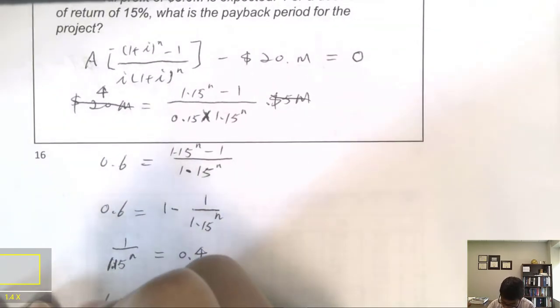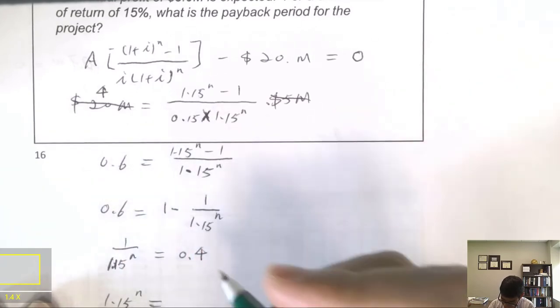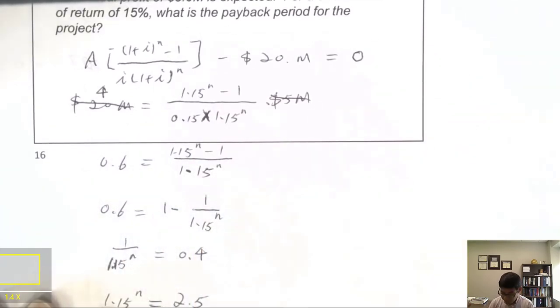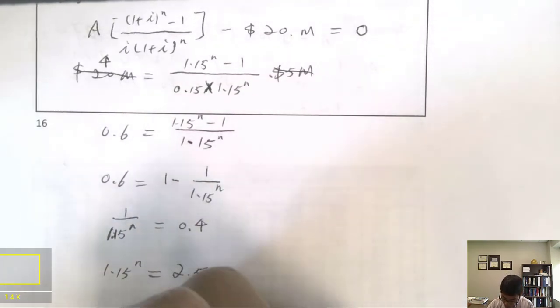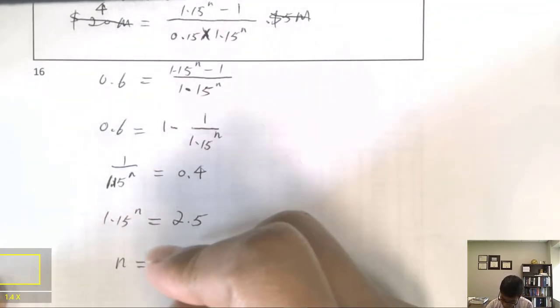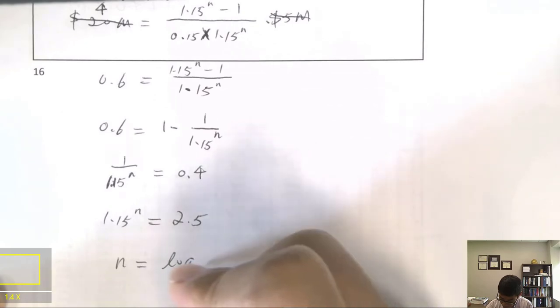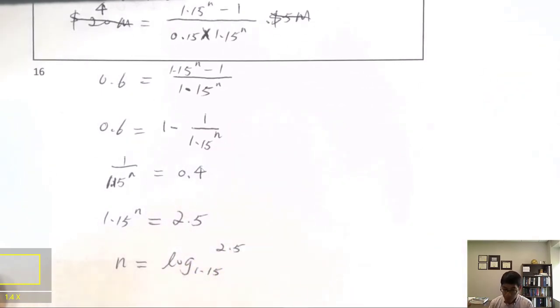And 1.15 to the n power is going to be equal to this divided by this, which should be 2.5. And now we just need to take the log. So N is basically equal to the log base 1.15 of 2.5.